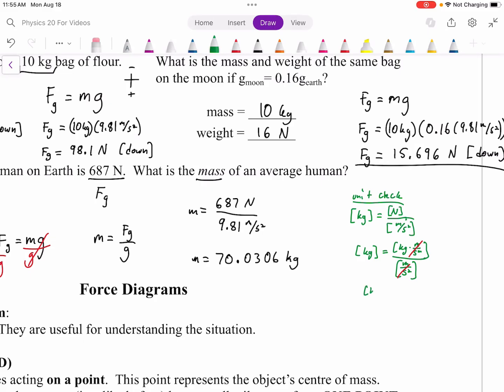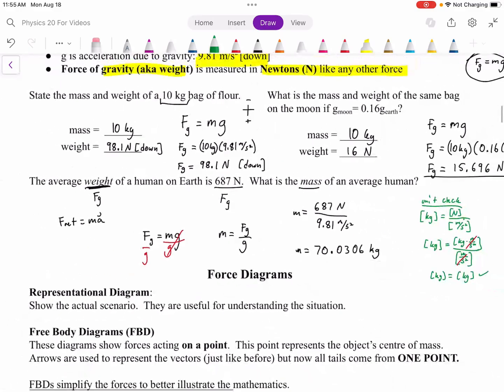Sure enough, a kilogram equals a kilogram. So at least our units are working out correctly, right? We feel pretty good about that. And that's why we can say here, yeah, we got kilograms out. We're not just guessing that that would be our unit. We can show what our units would be. So the average mass of a human on Earth would be 70 kilograms.